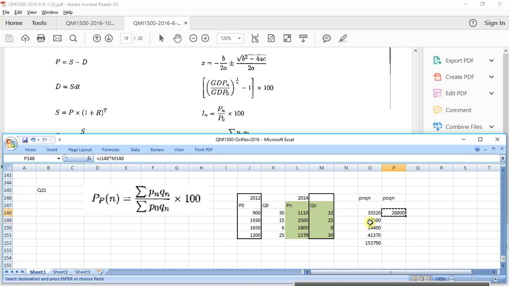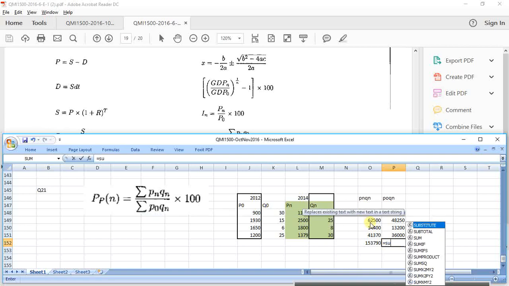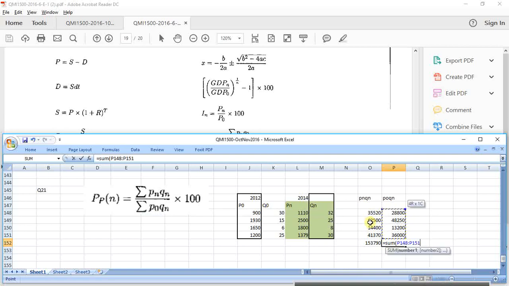And then I'm going to do that for all of them. Okay. Sum up. There we go. Alright, so numerator, which is that, over denominator, which is that.